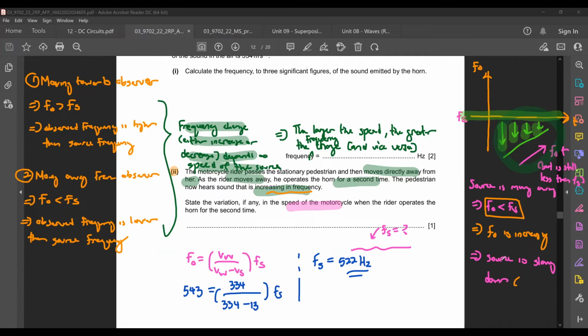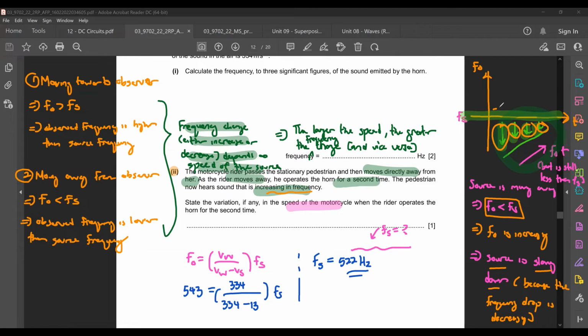So that's why here I can say that the source is slowing down, because the frequency drop is decreasing. From here, it drops this much, to this much, to this much.